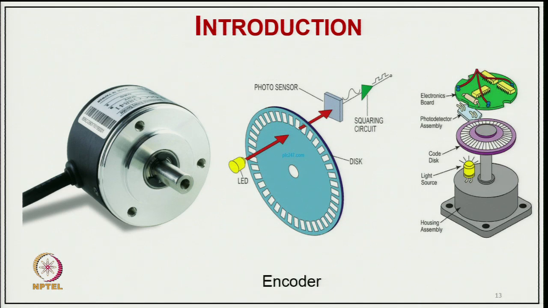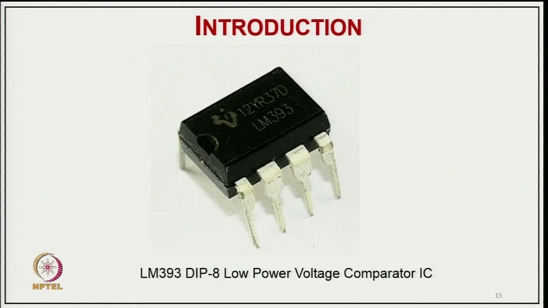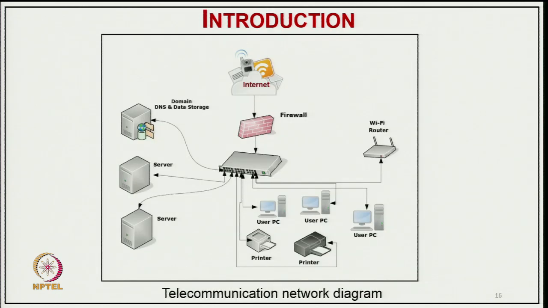Many electric motors require precise position sensing for control. For that purpose we use this kind of encoder system for digital logic, or a quadrature decoder, as you can see in the photograph, or an LM393 DIP 8-bit low power voltage comparator IC chip, which is typically used for comparing voltages.